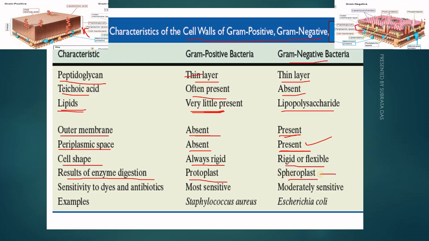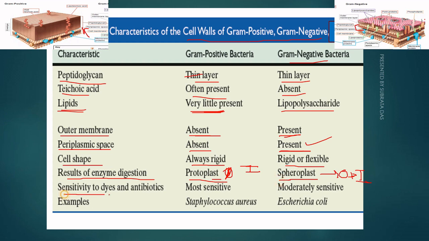Here we will see the outer membrane and inner membrane, okay. But in the protoplast we will see only the inner membrane or cytoplasmic membrane. So this is the main difference: protoplast for gram positive bacteria, spheroplast for gram negative bacteria.